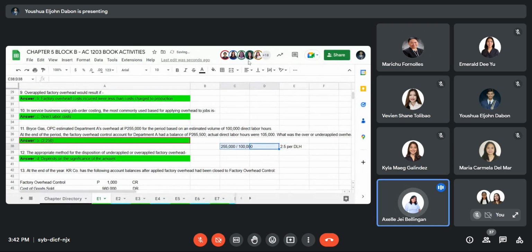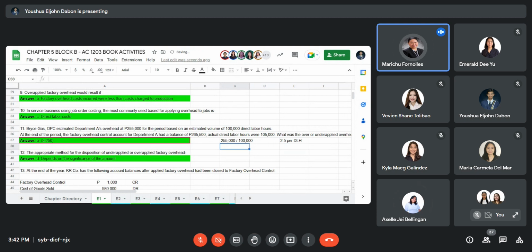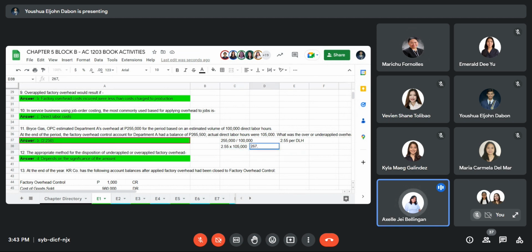The direct labor hours used was 105,000, so you multiply 2.5 times 105,000. 2.55, not 2.5. Yes, miss. 2.55 times 105,000, and we get 267,750.